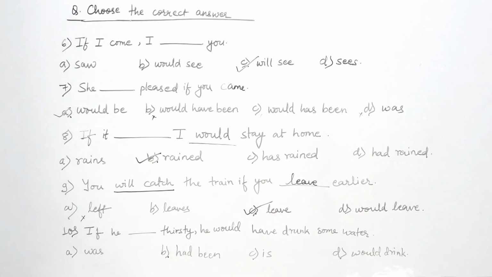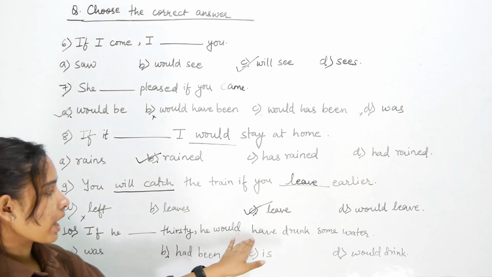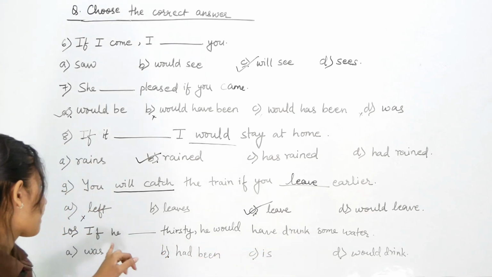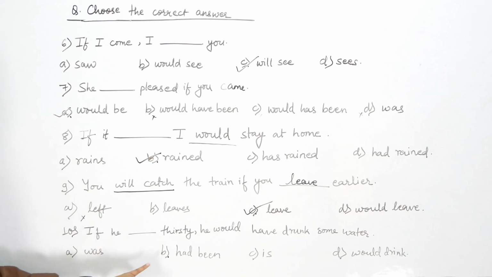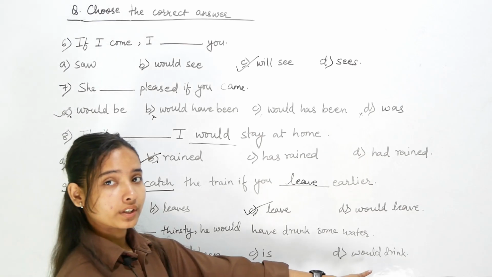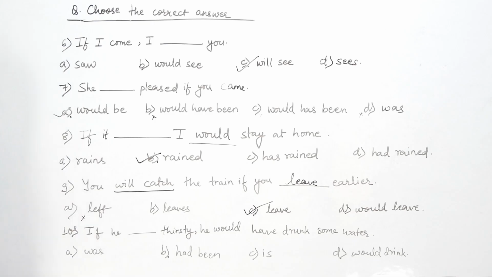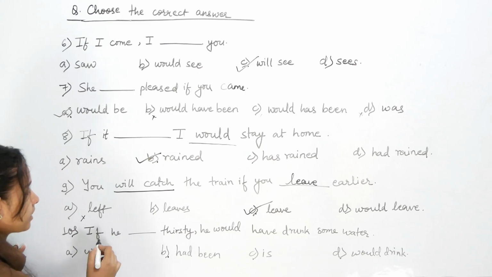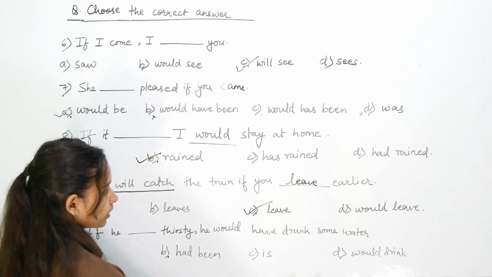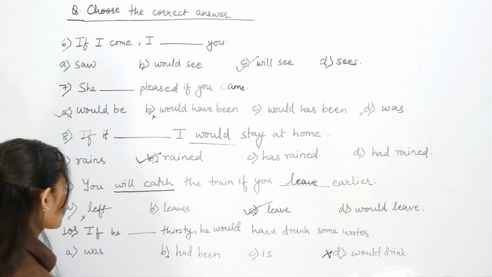Last question हेरौँ त अब. If he dash thirsty, he would have drunk some water. If he was, had been, is, would drink. This will probably not be the correct sentence if we write if he would drink thirsty, he would have drunk some water. So this is not the correct option.